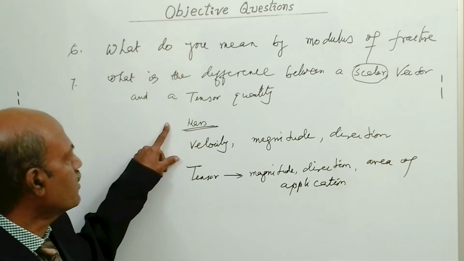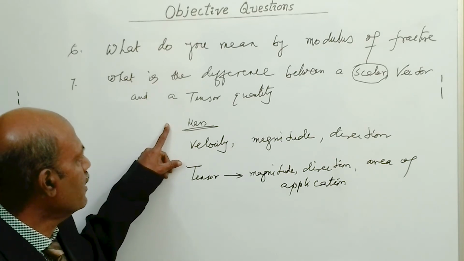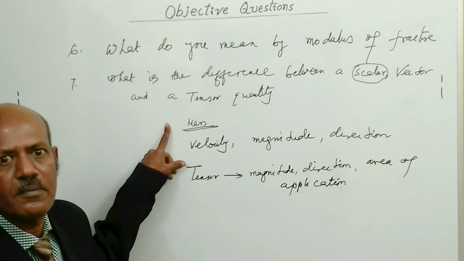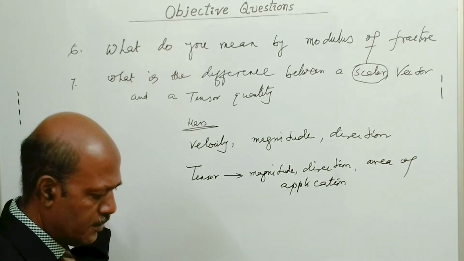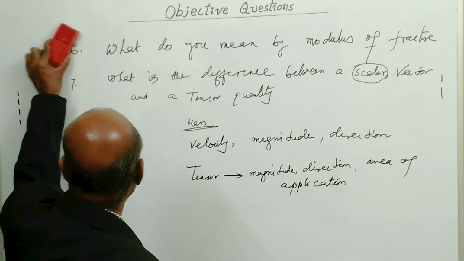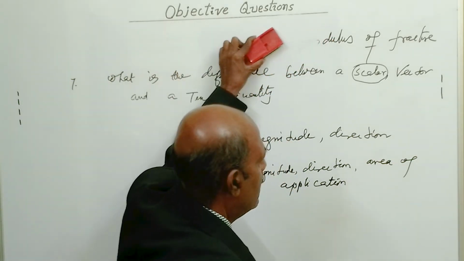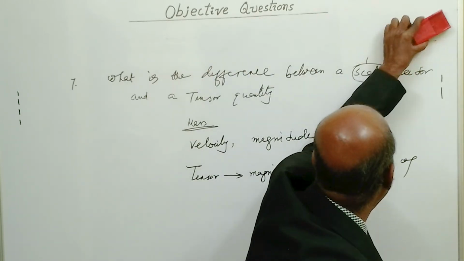In case of scalar quantity, the physical quantity which can be expressed only by its magnitude is known as scalar quantity. Okay. So the next question we will see is, what is a composite bar?